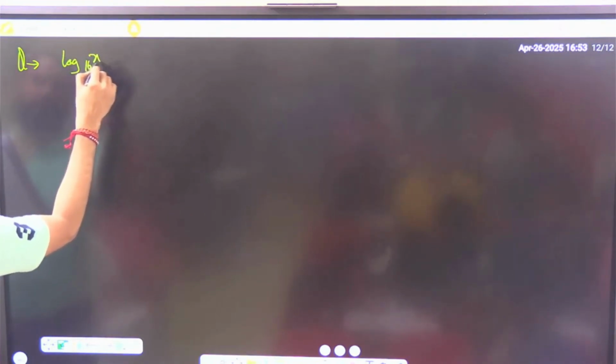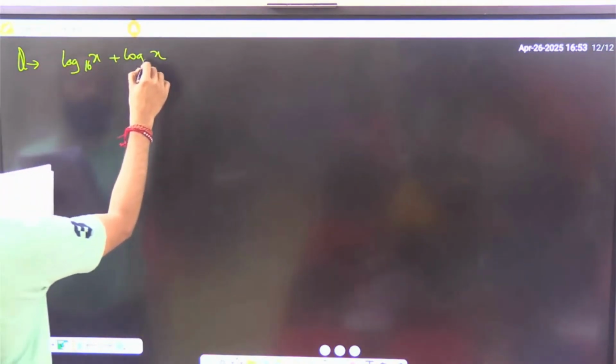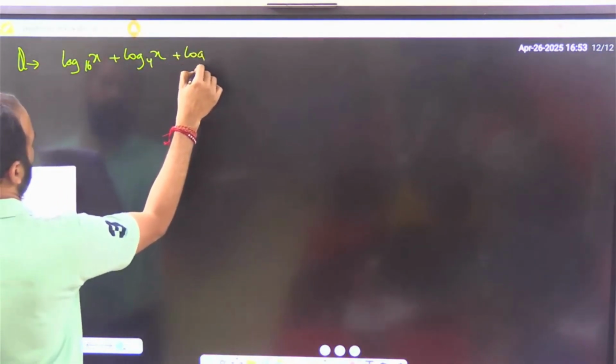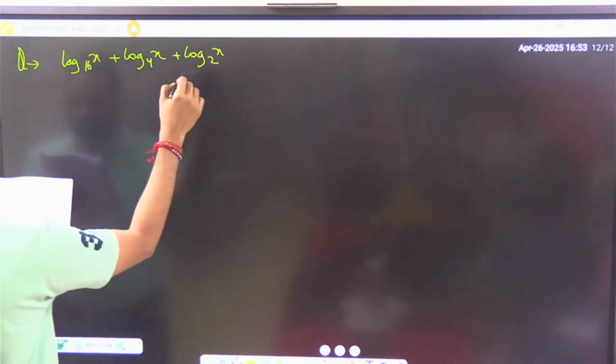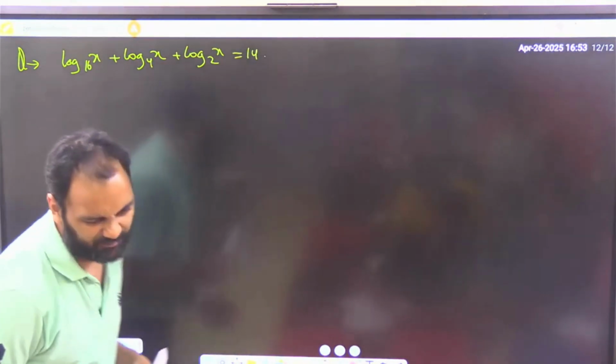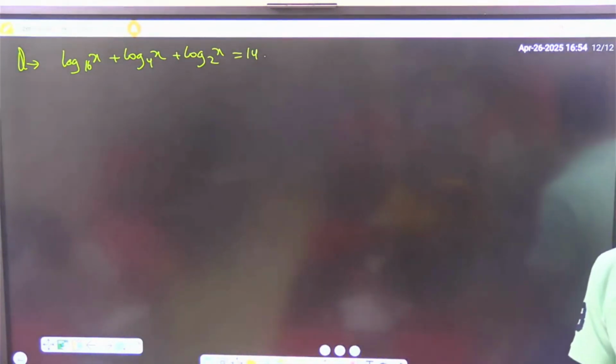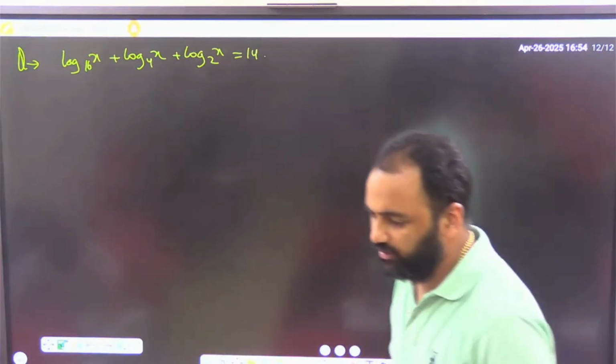Log of x to the base 16 plus log x to the base 4 plus log x to the base 2 is equal to 14. Find x.